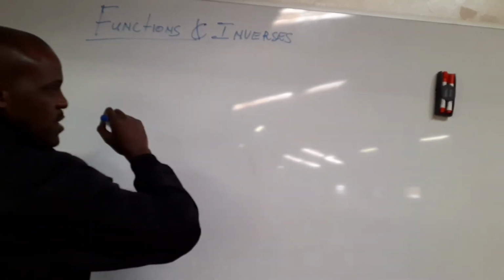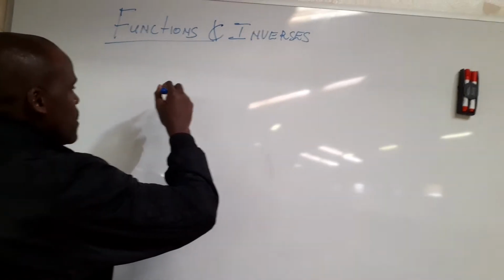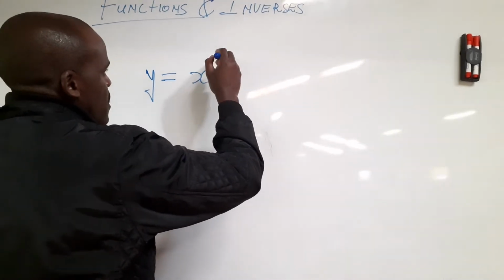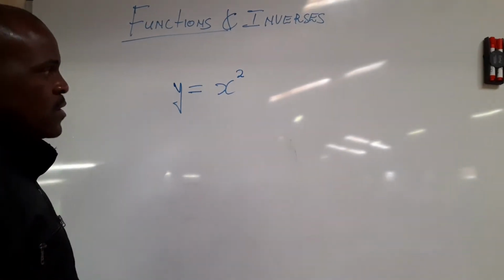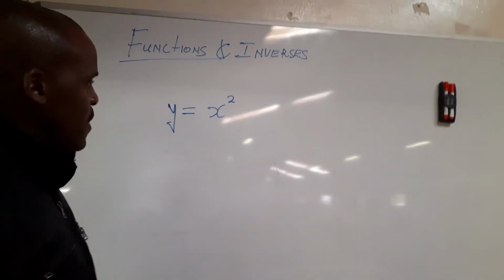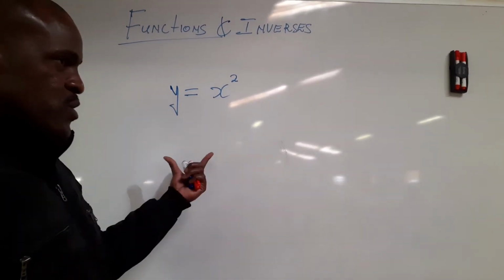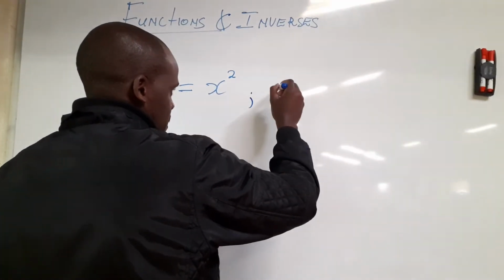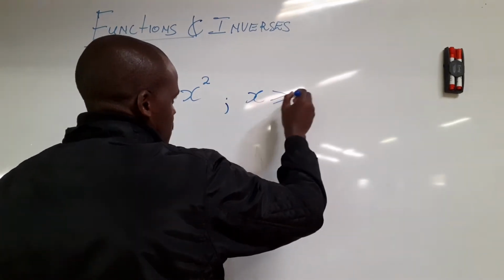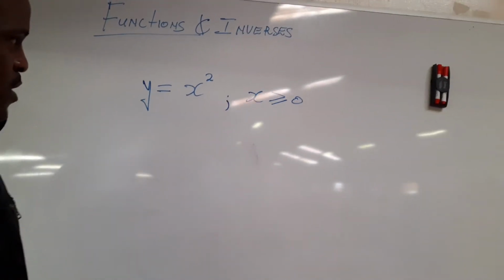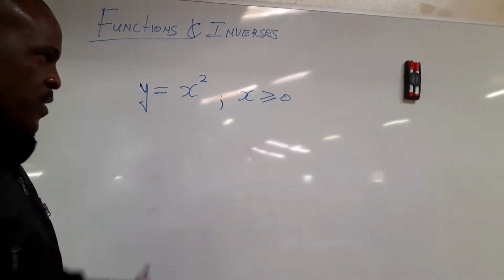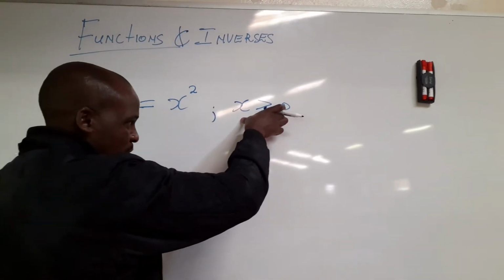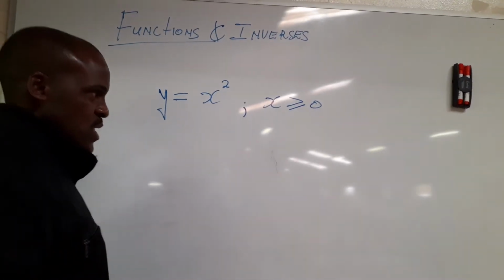Let's say, for instance, you are being given y is equal to x squared, and you are to sketch this graph. So you need to be careful. You are being given that you are to sketch this graph where x is greater or equal to 0.